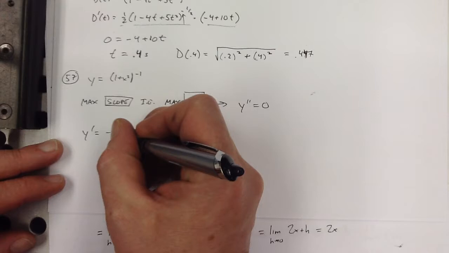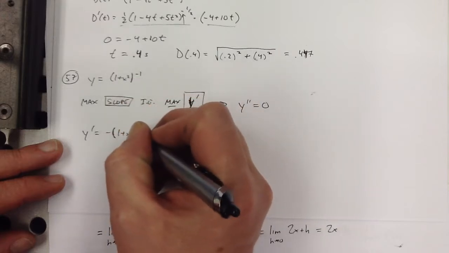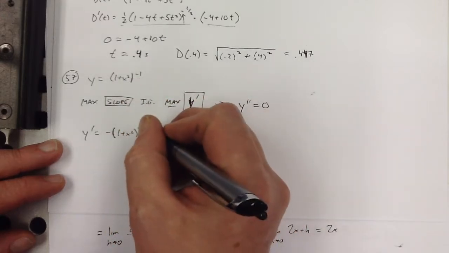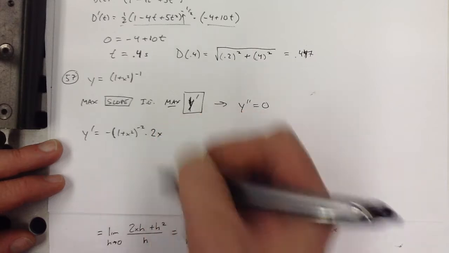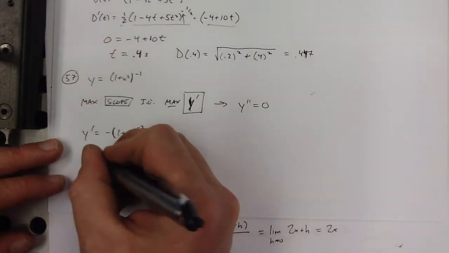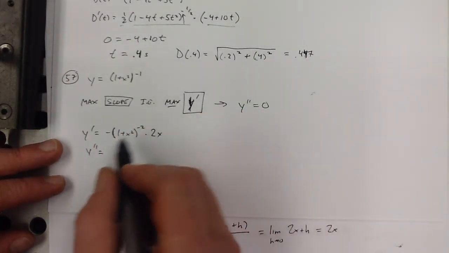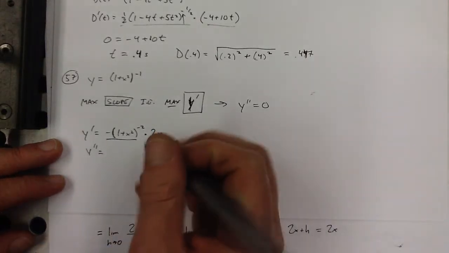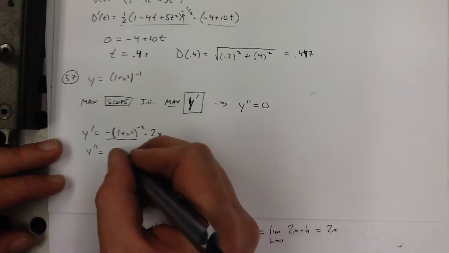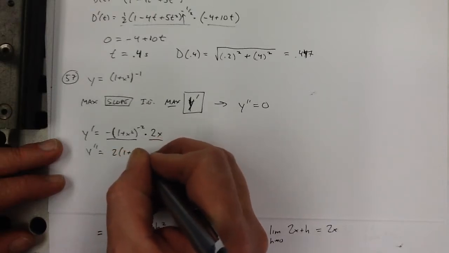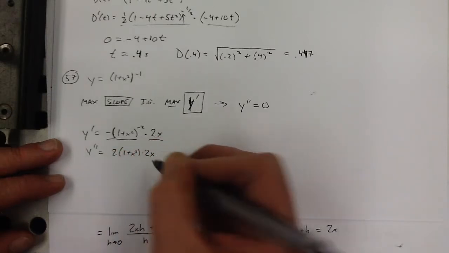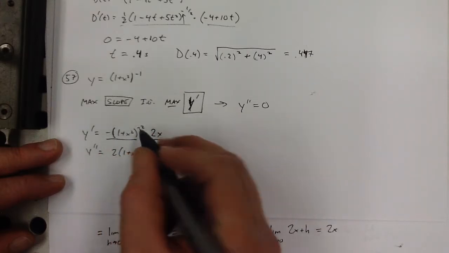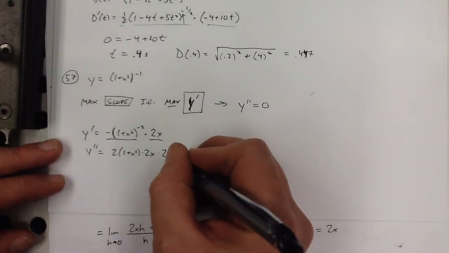So negative 1 plus x squared to the negative 2 times the derivative of what's inside. For the second derivative, I'll call this the first and this the second, because it's a product, so I have to use the product rule. So the derivative of the first is 2 times 1 plus x squared times 2x. That's the derivative of that, times 2x.